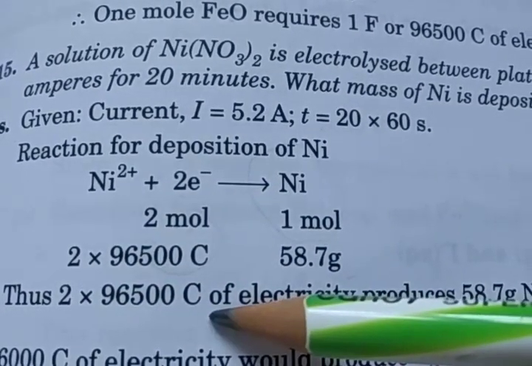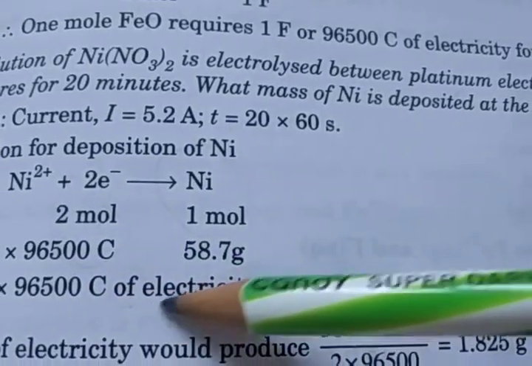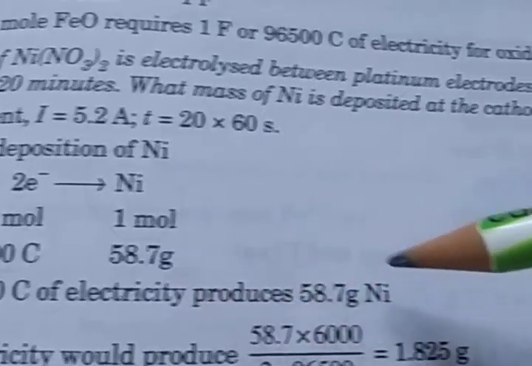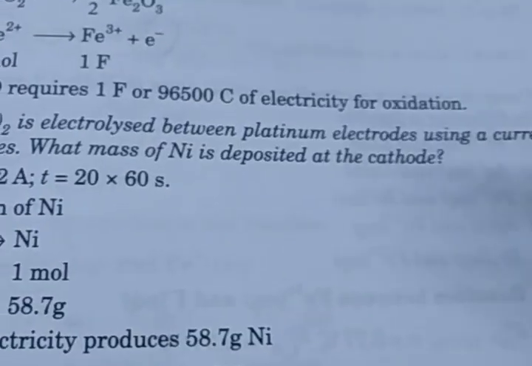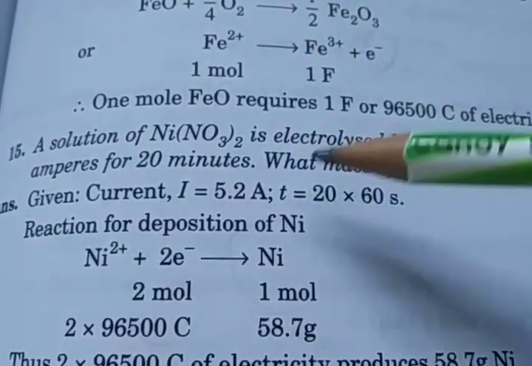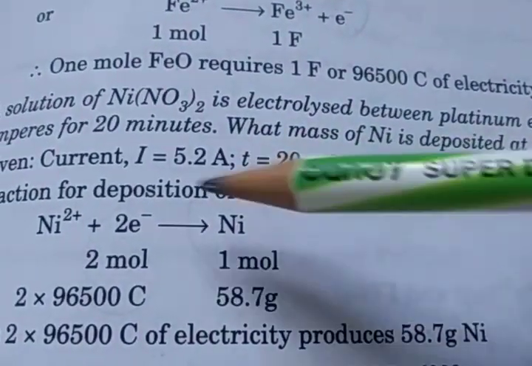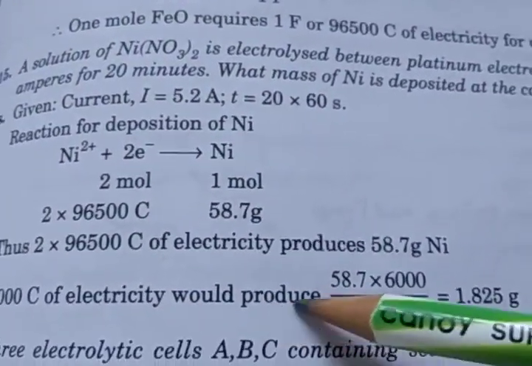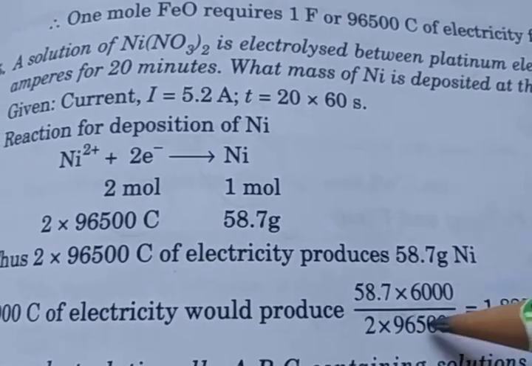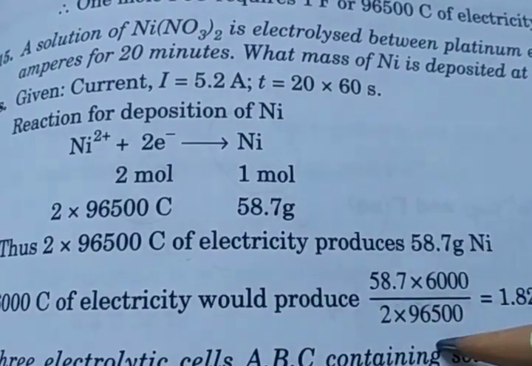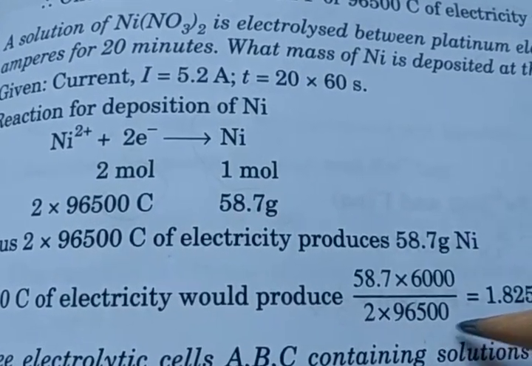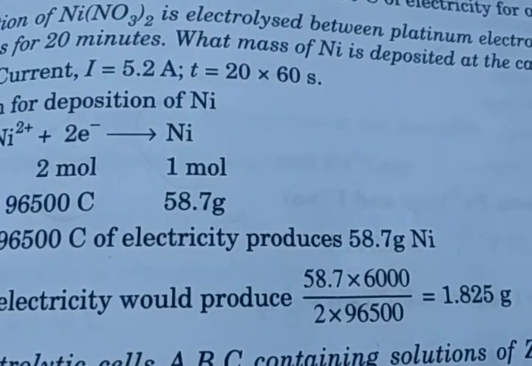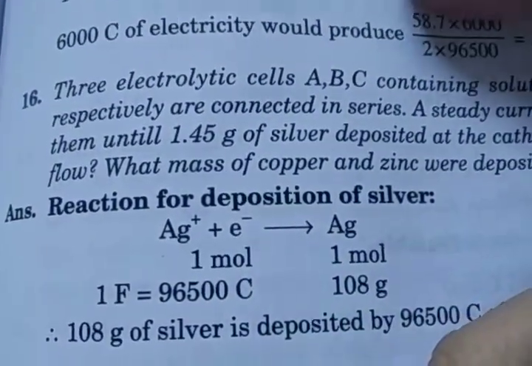So 2 into 96,500 coulomb of electricity produces 58.7 gram of nickel. Here a 5 ampere current is given, so 6,000 coulomb of electricity would produce 58.7 into 6,000 divided by 2 into 96,500. So 1.825 gram.